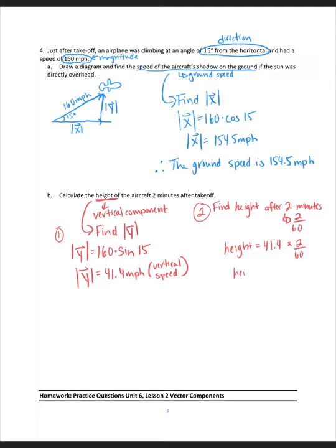So if we multiply that together, our height is going to equal 1.4 miles. So we'll give it a nice therefore statement. So therefore the plane is 1.4 miles high after 2 minutes. That's it for your note for today.